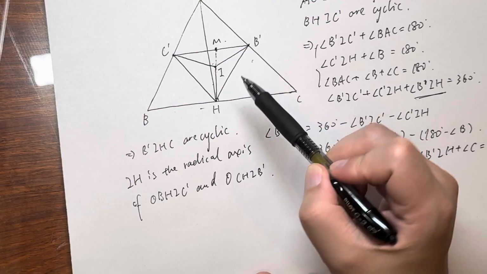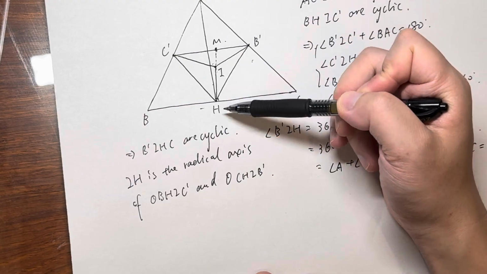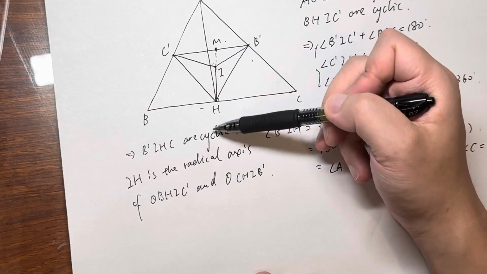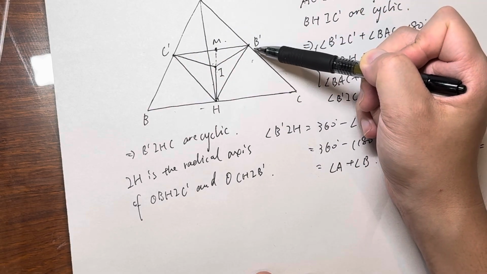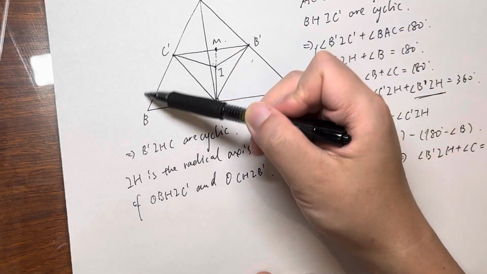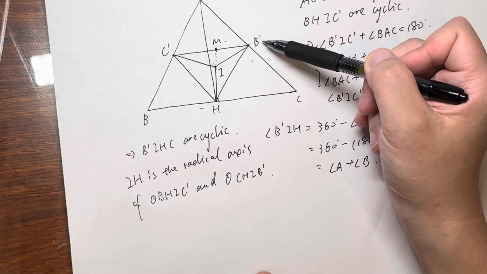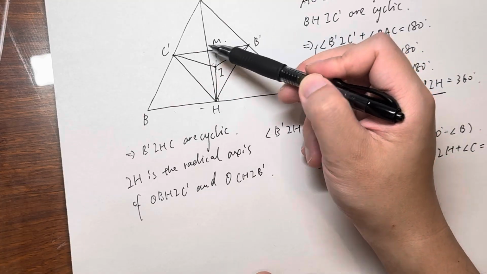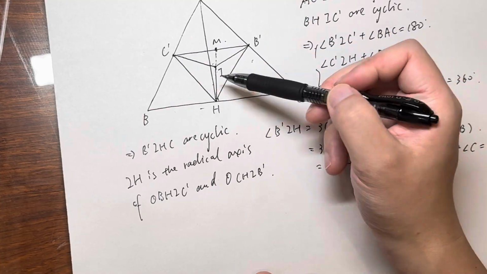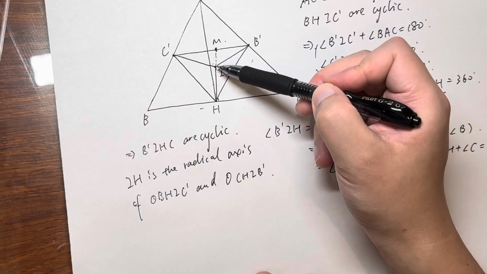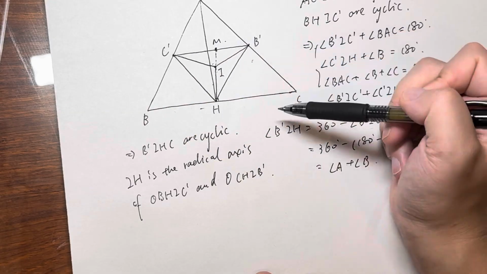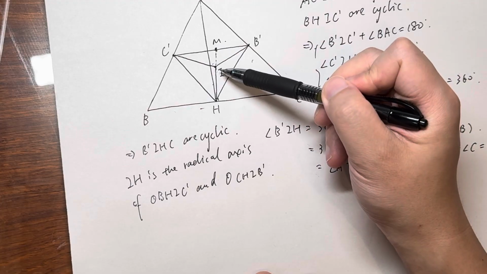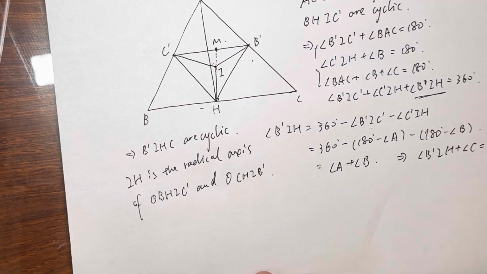And also we know that M is on the radical axis, that forces C'B' to be the tangent line of these two circles, which means we just need to prove that MC' is a tangent line of the circle HIC'B, and MB' is a tangent line of circle IHCB'. Then we solve the problem.